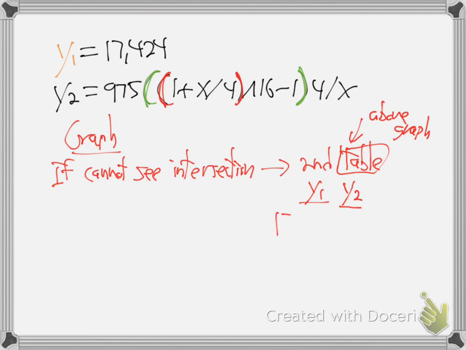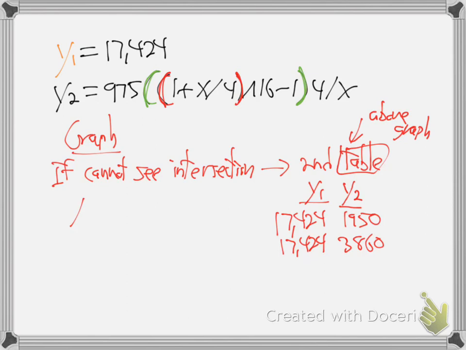So y1, remember that's what y1 equals, 17,424, of course. And the other one's big too. The other one's at 1950, and the next one is 3860. And the y1's always 17,424. So then you go back, okay.